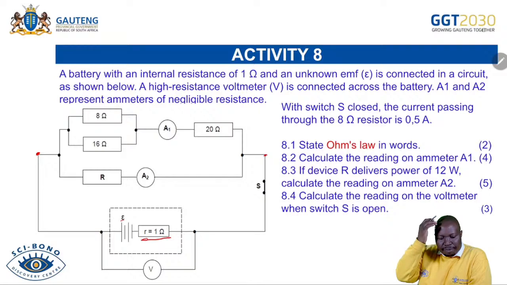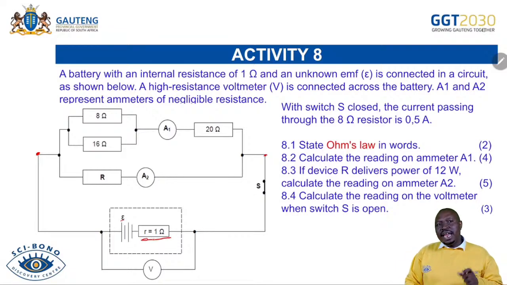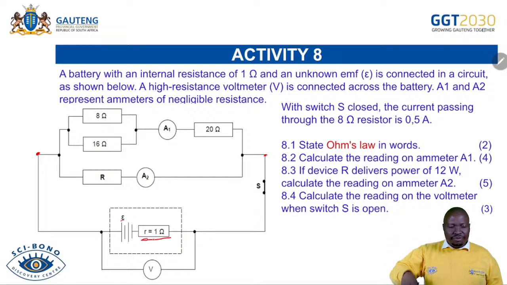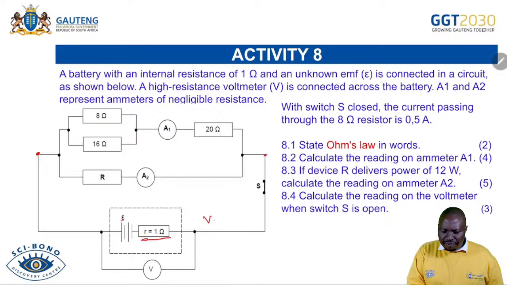Because before the journey starts, because we have resistance internally, we are going to leave some V. I don't like to use the word V lost, because it's referring to energy, and energy cannot be created nor destroyed, but can be transformed from one form to another. I prefer rather to say V internal. The presence of internal resistance brings us to the issue of V internal.